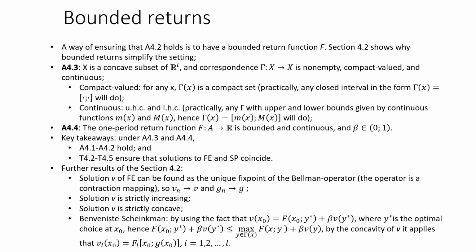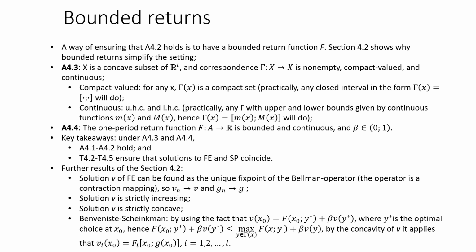And on this basis, section 4.2 shows why it is so comfortable to have bounded return functions. So we will see in this section how and why bounded returns are so helpful.